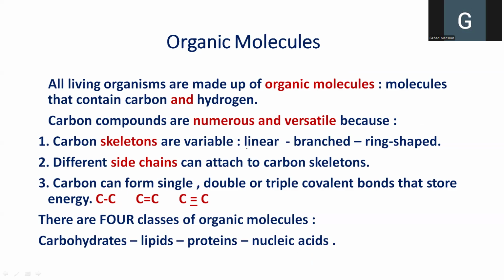Inside the human body, or in general, carbon compounds, including, of course, the organic molecules, are very variable. They are numerous and they are different. Why do they have versatile properties? Because of three important reasons.